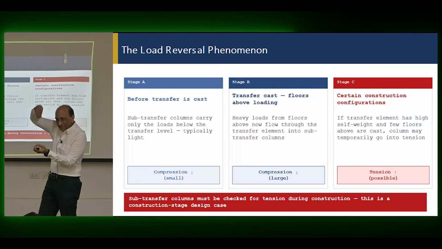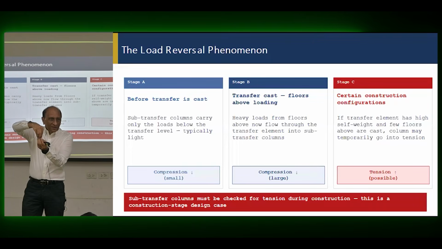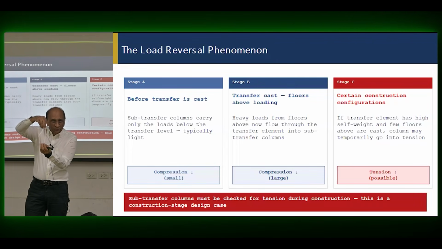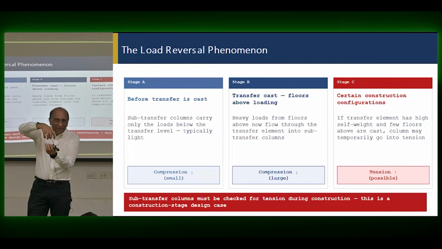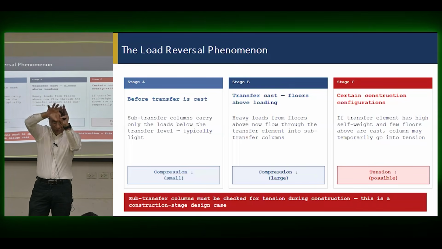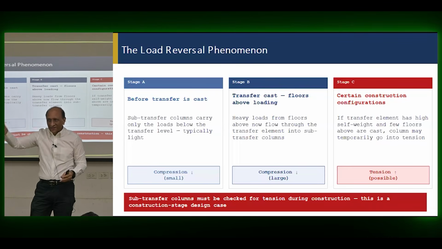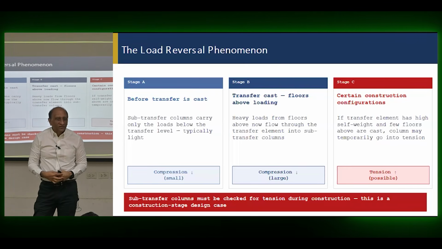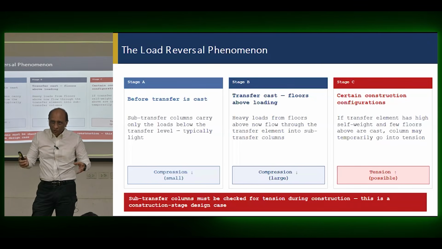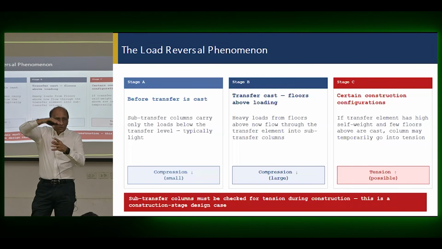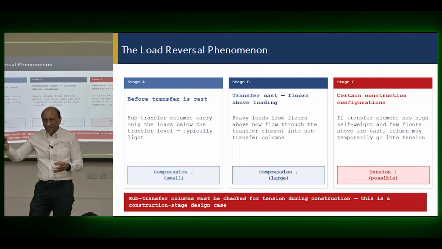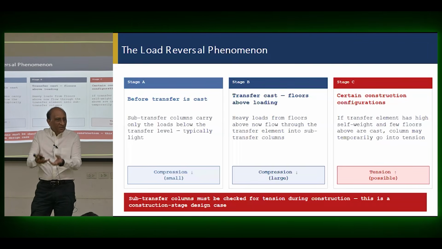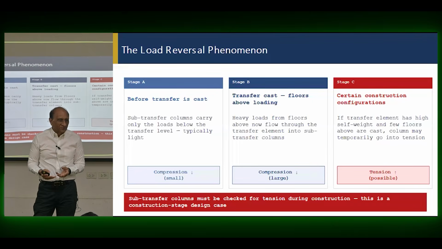Some column which is actually sitting on the transfer girder, and it's supposed to be in compression, transferring the load, may actually be pulling the transfer girder up if you do it the wrong way, because the upper structure will become stiffened and start to act like an arch and start to pull the transfer girder up or hold the transfer girder up. So it can happen easily. As you build the structure, some portion of the structure starts to act like a wide arch and becomes so stiff that it starts to carry the structure below that. So all these things are known phenomena.